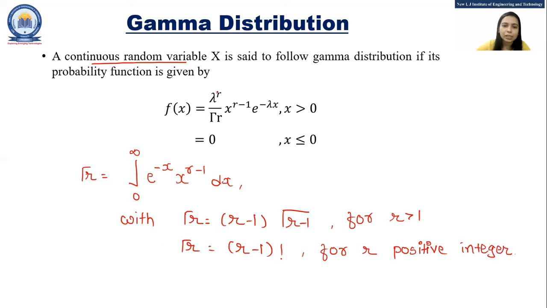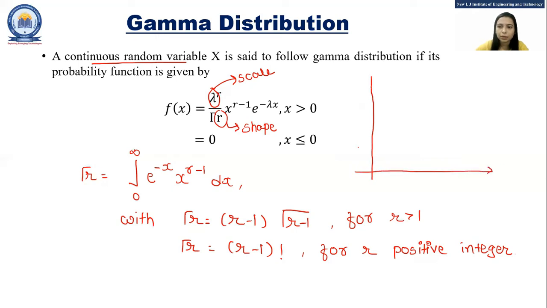Over here in this gamma function, lambda and r are the parameters. Lambda is a scale parameter and r is a shape parameter. So for various values of the parameters, we can get different shapes of the gamma distribution. Now let's see one graph. Here I'm going to fix the value of lambda. This is for lambda equal to 1, r equal to 1.